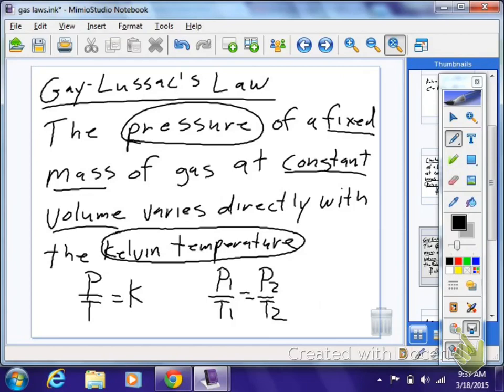So, by tomorrow, we've done the three laws: Boyle's law, Charles' law, Gay-Lussac's law. We've done one problem of each of those. And then tomorrow you can come in, we'll have you finish up your lab, look at the combined gas law, and then probably spend half an hour just working problems, making sure you're doing them right. Okay?